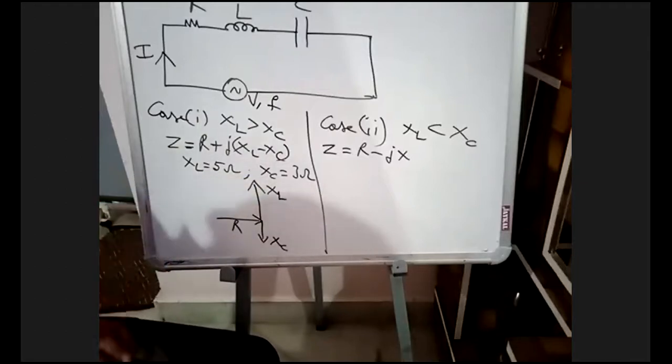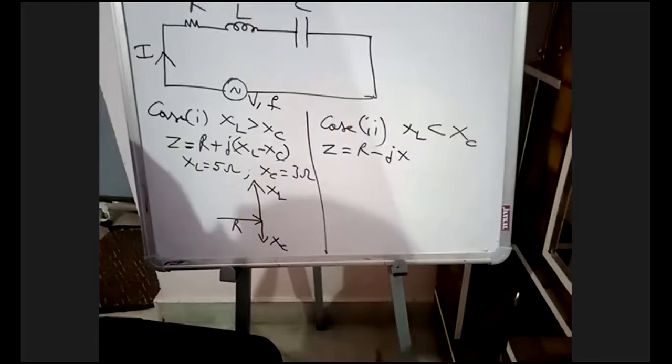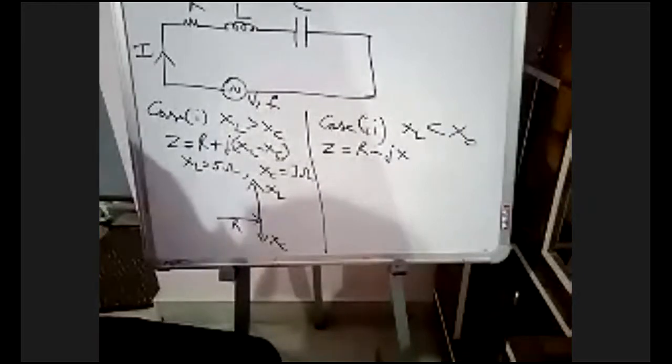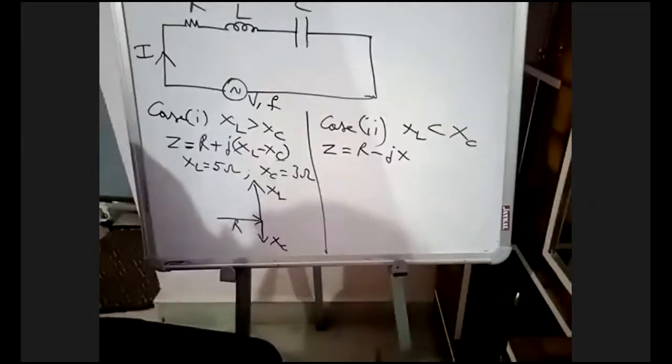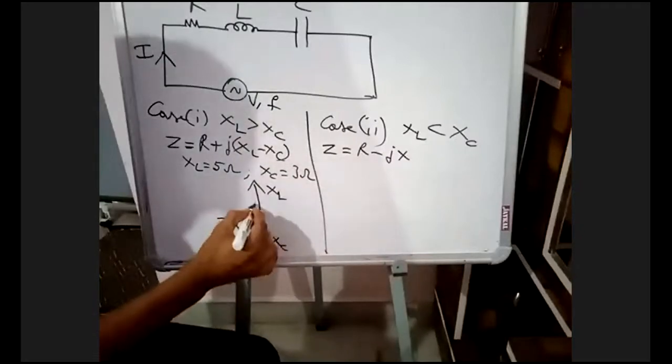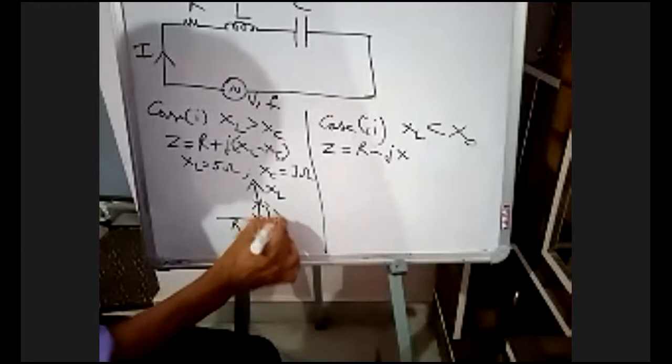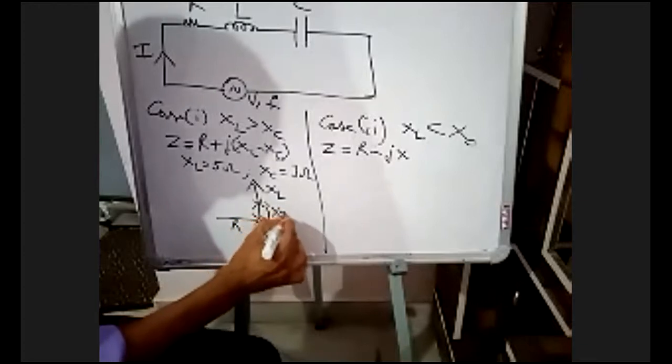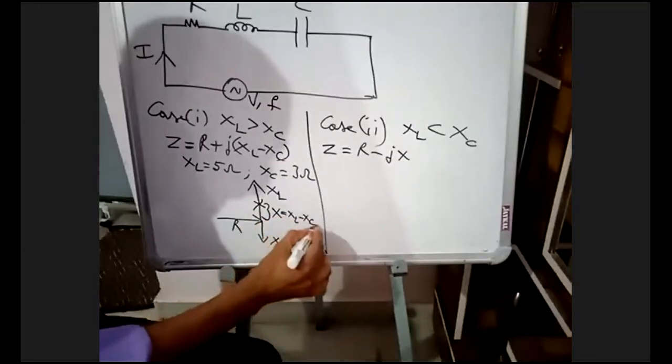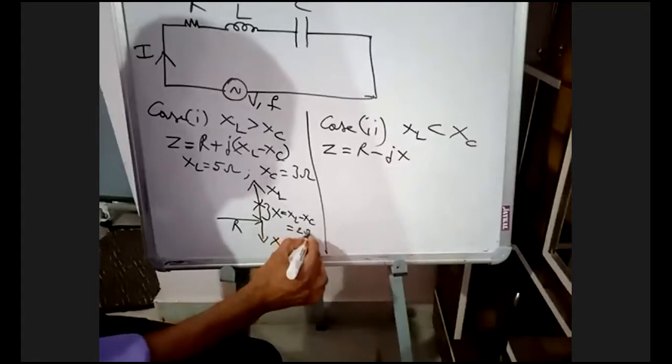Now what is XL minus XC? 5 minus 3, 2 ohms. This is your X value, XL minus XC, that is 2 ohms.